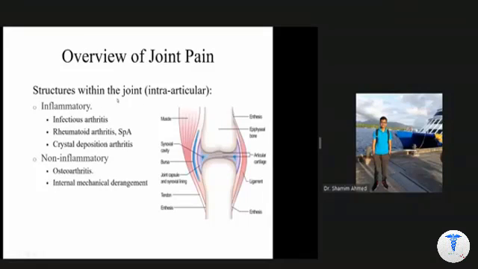Now, come to the overview of joint pain. Joint pain may be due to an interarticular structural problem or a periarticular structural problem, or referred from a distant site. Pain due to interarticular structures may be inflammatory or not, that is, a mechanical condition. Among the inflammatory conditions, there is infectious arthritis. That means it may be viral arthritis, tuberculosis, or septic arthritis, and also rheumatoid arthritis, spondyloarthropathy and crystal deposition arthritis.